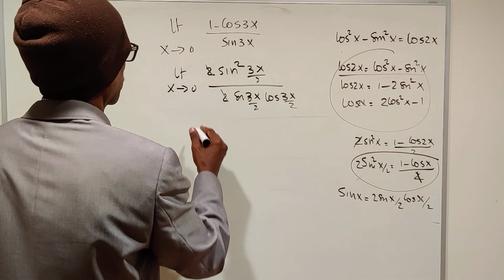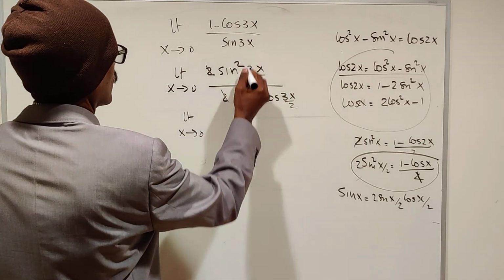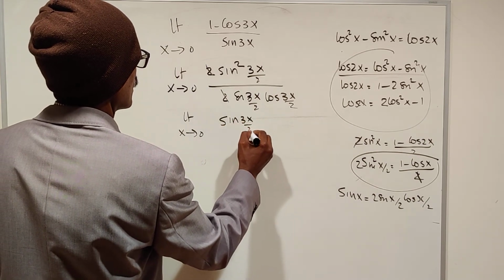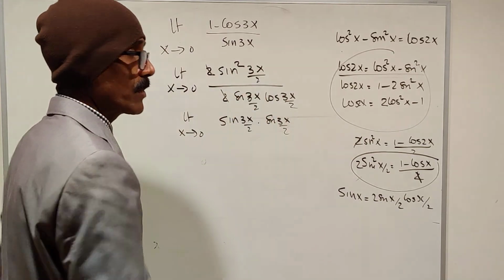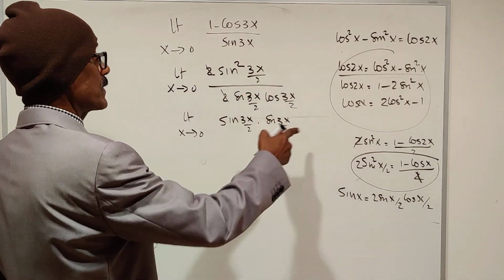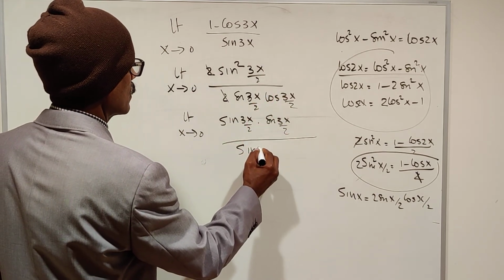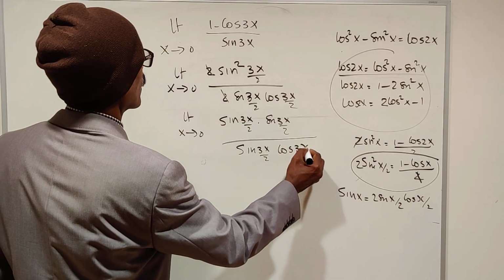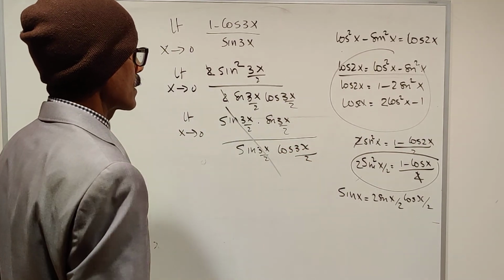So here limit x tends to 0. What is that? Sin 3x by 2 times sin 3x by 2. Sin square 3x by 2 means sin 3x by 2 times sin 3x by 2, divided by sin 3x by 2 cos 3x by 2. Okay, see, sin 3x by 2 cancels out.